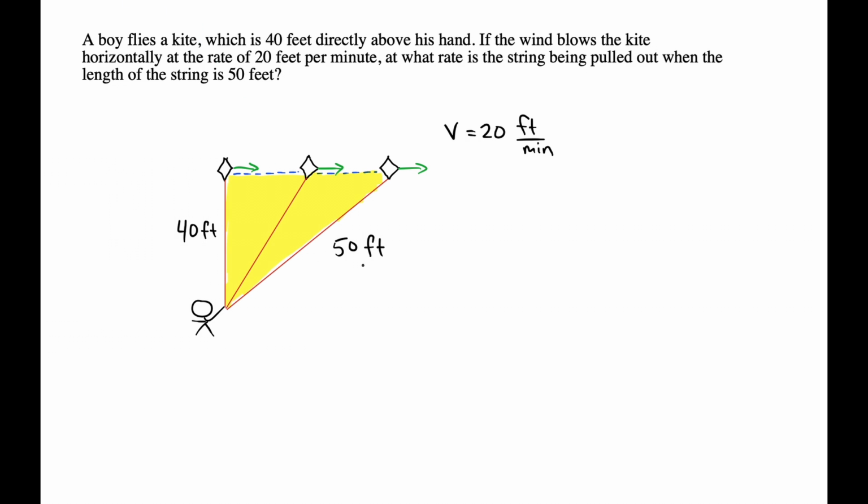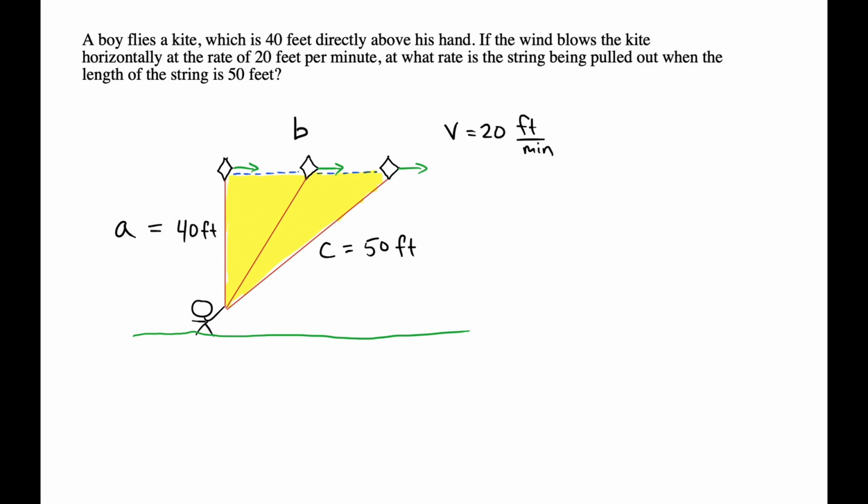And this triangle could be considered to have a leg called A and another leg called B and a hypotenuse which I could call C. Now the length of leg A is going to stay fixed throughout the problem. The kite is always going to be 40 feet above the boy's hand. But one quantity that is changing is B, and C is changing as well.